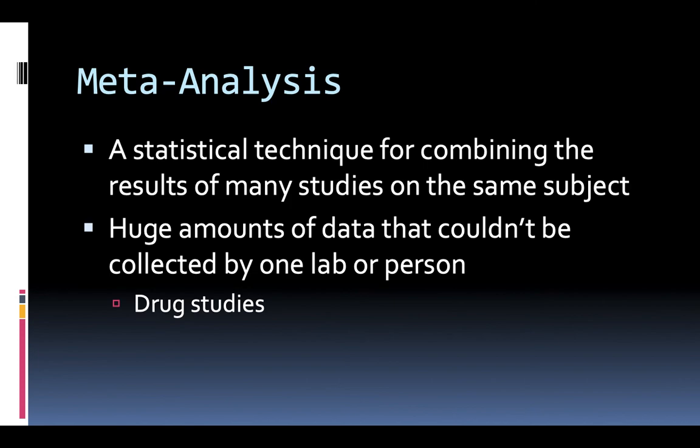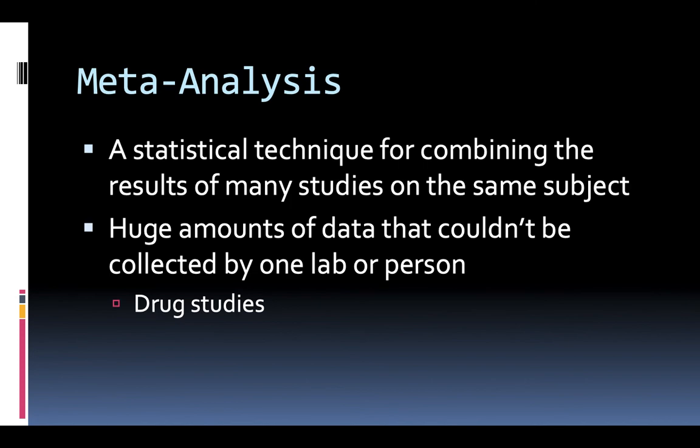And then after a variety of researchers have actually done the experiment, collected their data, ran their analyses, and published the results, other researchers do what's called a meta-analysis. This is when they combine data and results from a variety of different studies on the same subject, they put them together, and then they use a statistical technique that can combine all this data and create more powerful results.